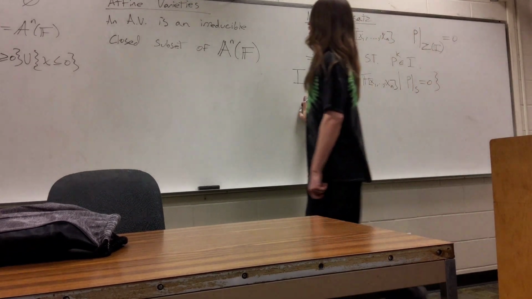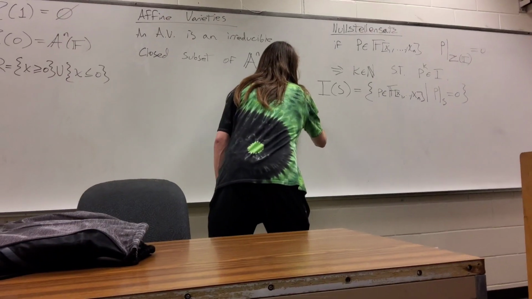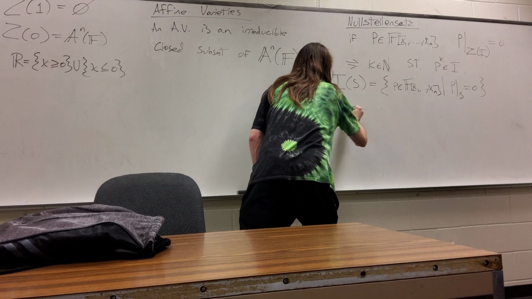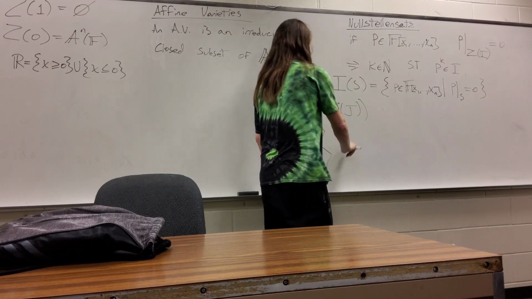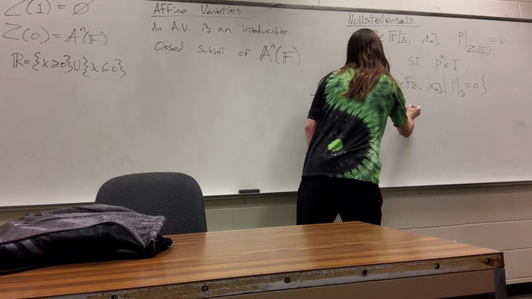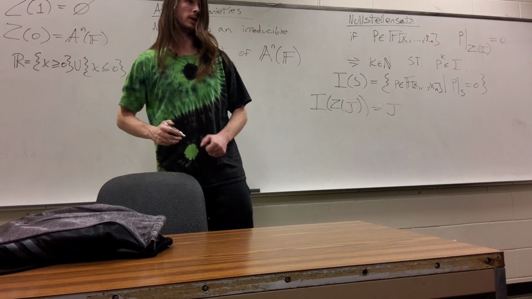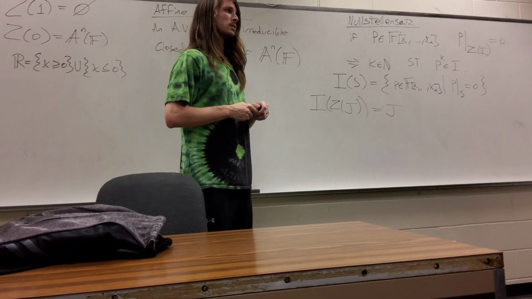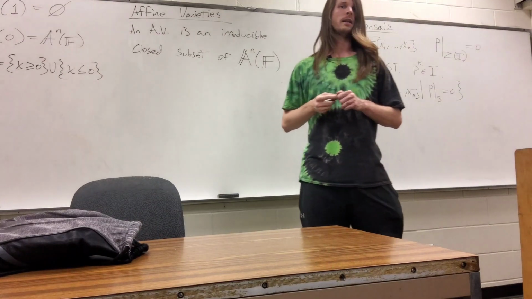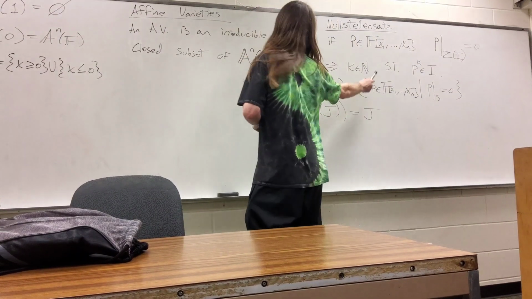And now, if I take the ideal of functions that vanish on the zero set, some ideal J, and J is radical, then this mapping is 1-to-1. In other words, the algebraic subsets of affine space are in 1-to-1 correspondence with radical ideals of the polynomial ring.